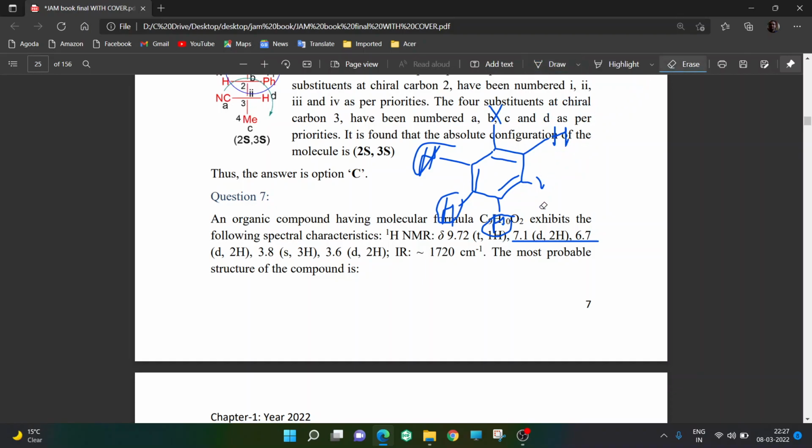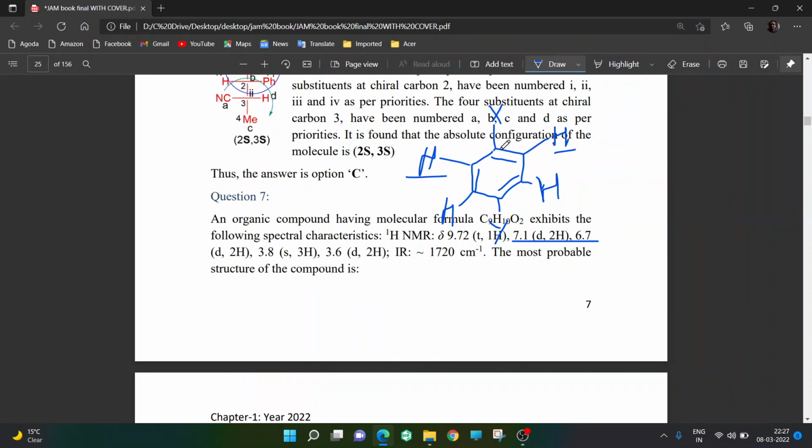Whereas if the two substituents are in para position, then what happens? If the two substituents are in para position, then see, this hydrogen and this hydrogen are chemically identical.